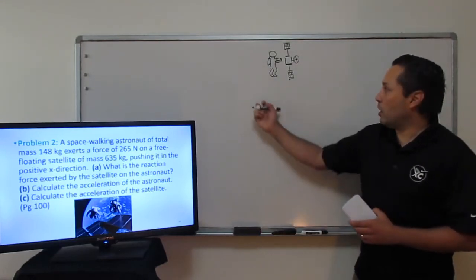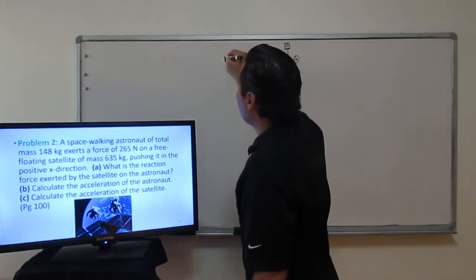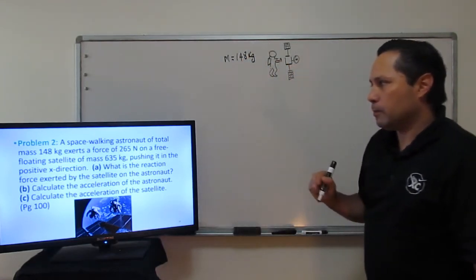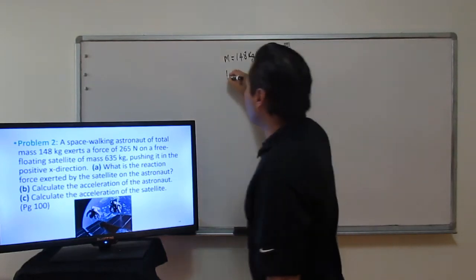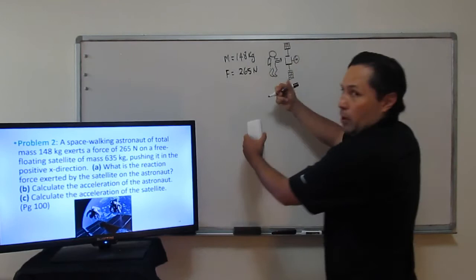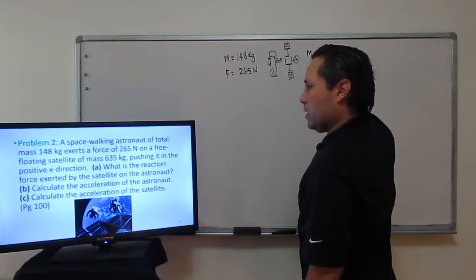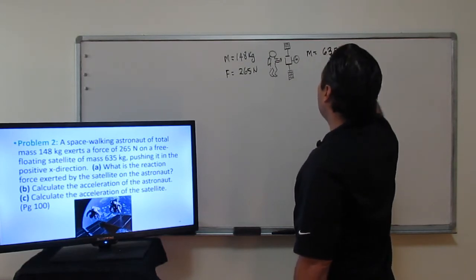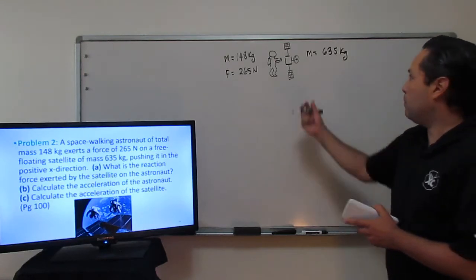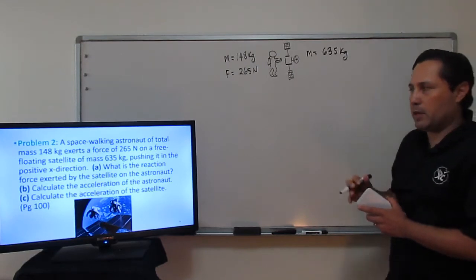He's going to push it in the positive direction. They give us some information on it. The astronaut, his mass, 148 kilograms. He pushes with a force in the positive direction of 265 newtons. So we're going to say positive towards the right on a free-floating satellite whose mass is 635 kilograms. Alright, pushing it towards the positive x direction. So the force is applied this way, the satellite goes in the same direction.